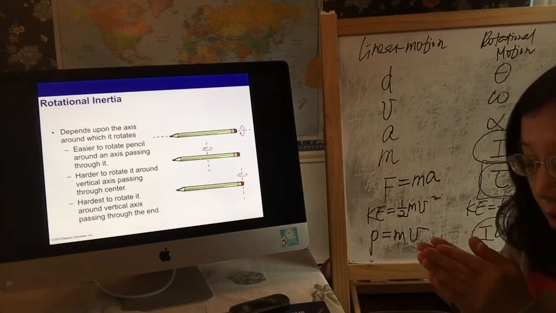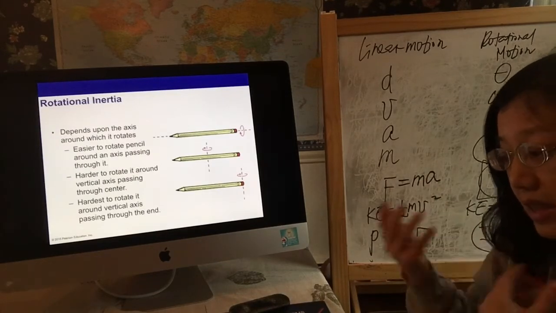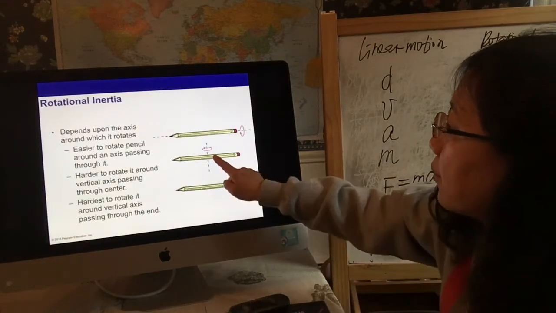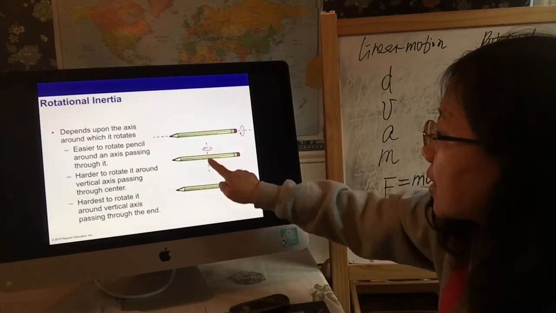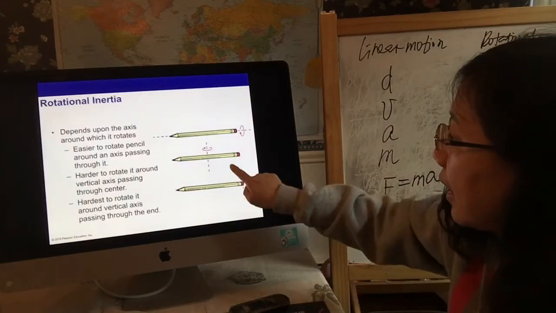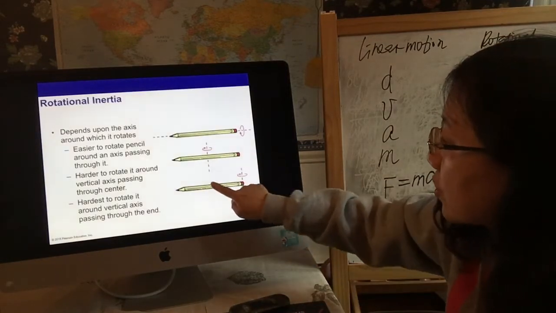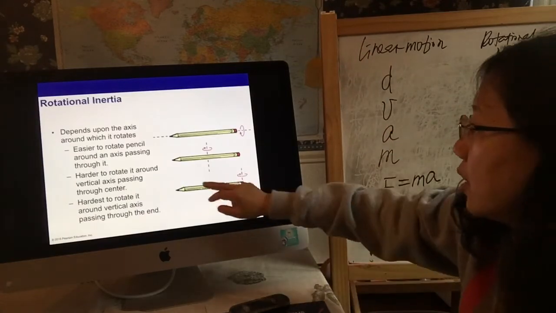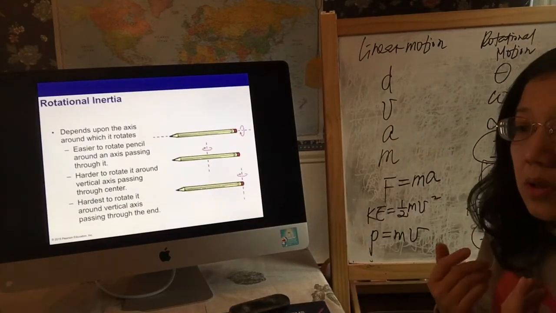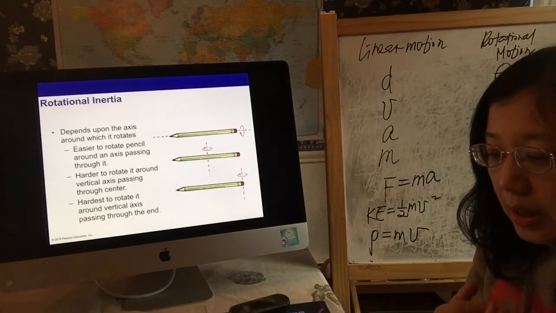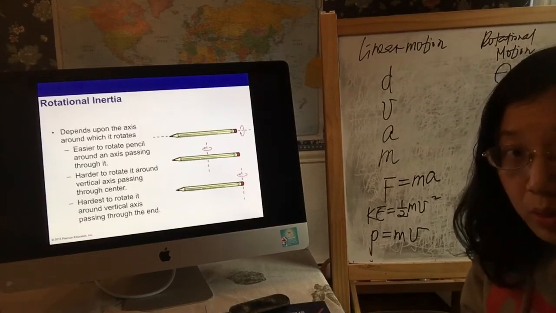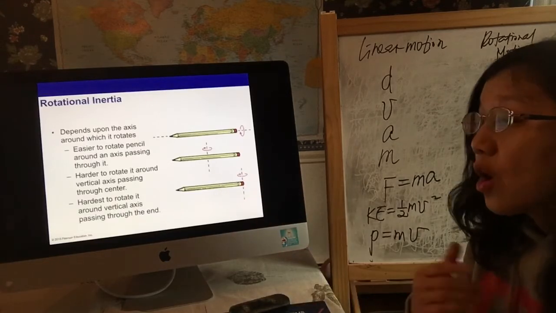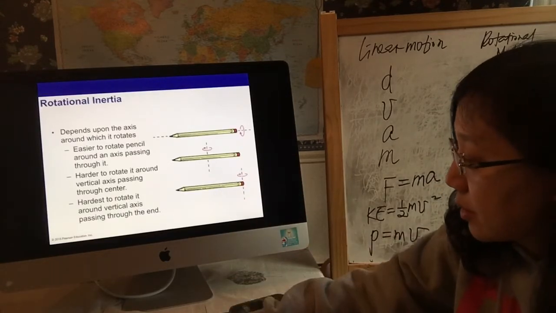When the rotational inertia is smaller, it's going to be easier to change its rotational motion. But in these two cases, the axis of rotation is here, so you can see the mass is further away from the axis of rotation. So the rotational inertia is bigger, and then it's going to be harder to rotate it.